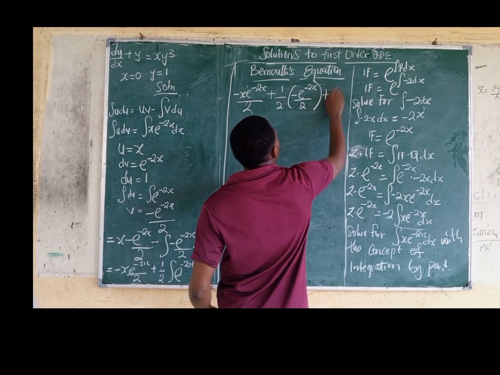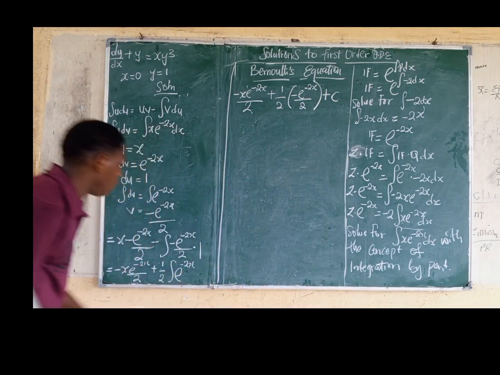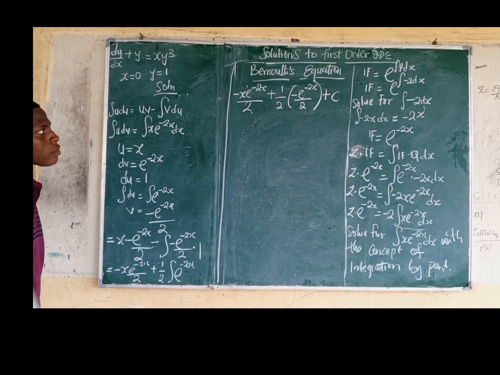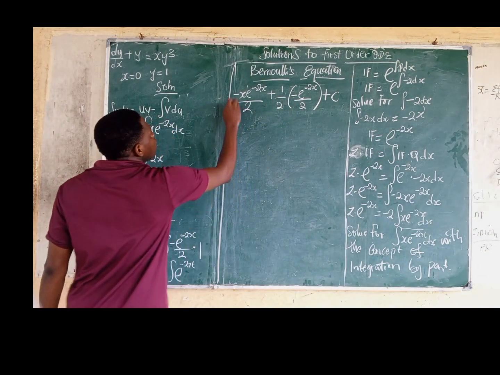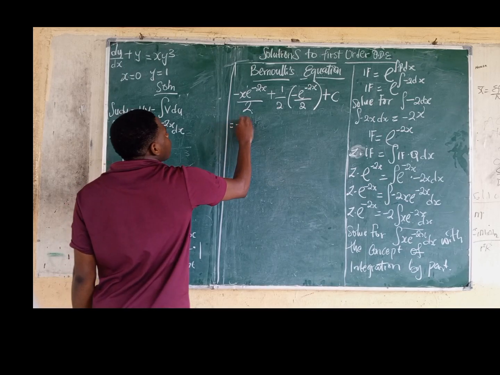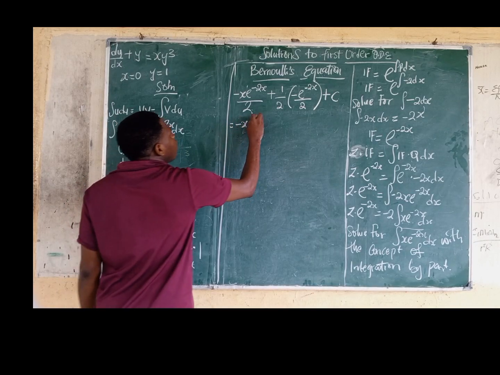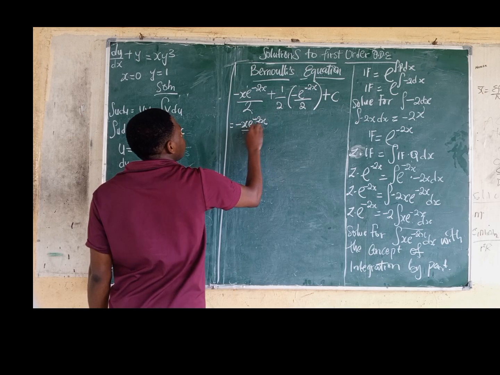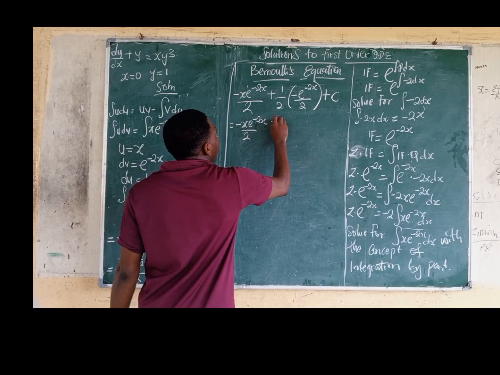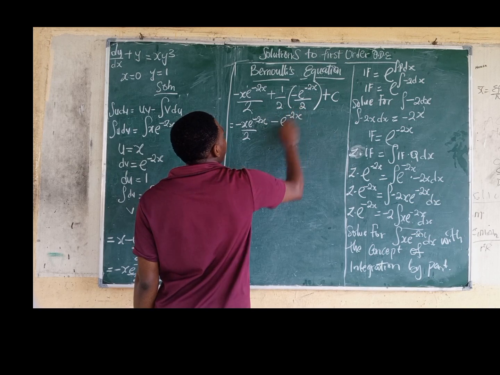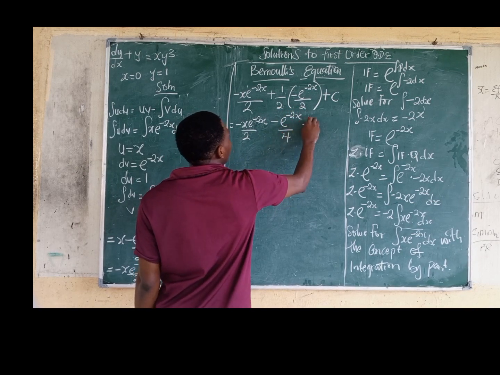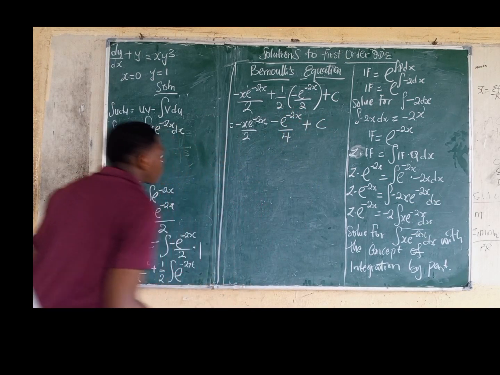And you are adding plus c, because you are done with the integration. We can simplify this further by saying this is equal to minus x e^(-2x) over 2 minus e^(-2x) over 4 plus c.